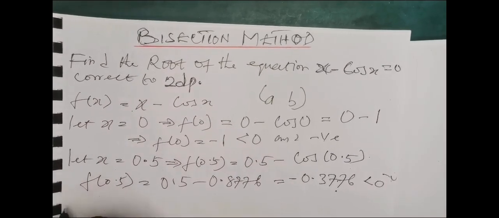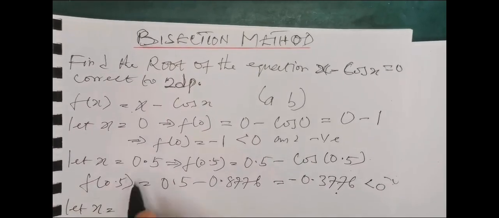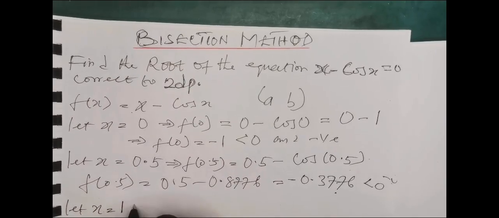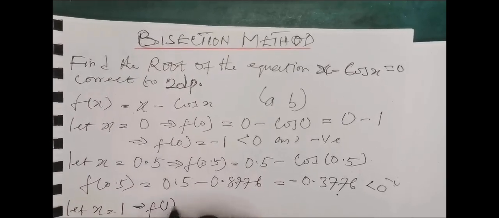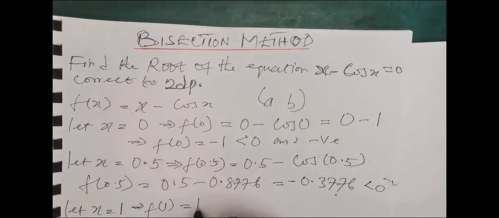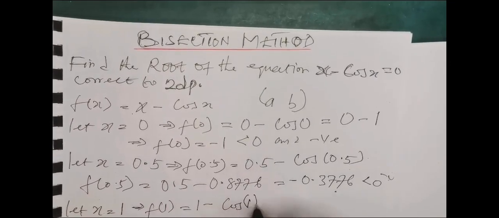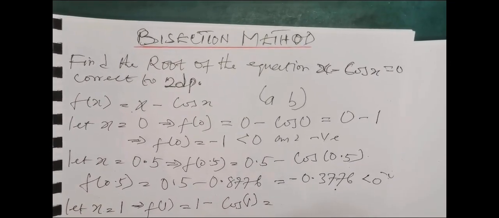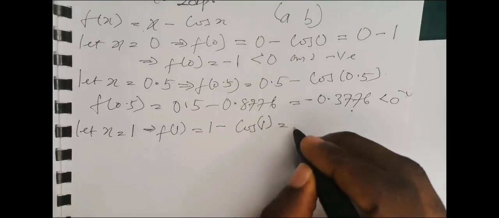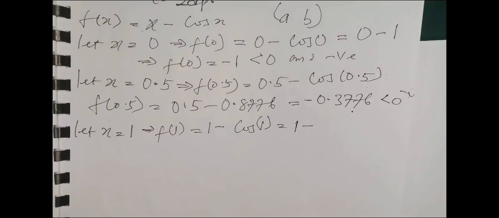So we try again. Let x be equal to, since we've done 0 and 0.5, let's try 1. So we are now looking for f of 1. That becomes, in place of x, 1 minus cos 1. Let's obtain cos 1. Don't forget to put your calculator in radians.